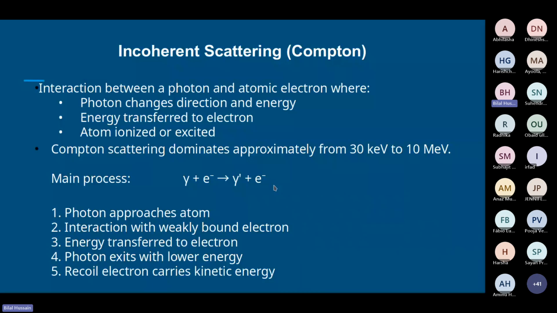With a free electron model, Compton is very easy, but with a bound Compton model we need additional factors. Energy is transferred to the electron, and the electron goes in a different direction, the phi direction, that's another angle. The scattered photon exits with a lower energy in a different direction, theta. Electron we will deal with later.